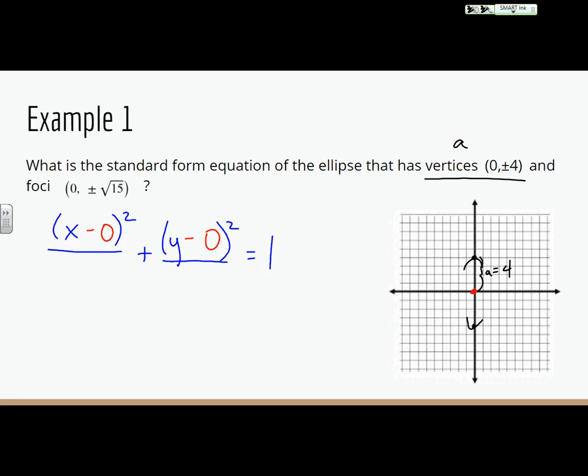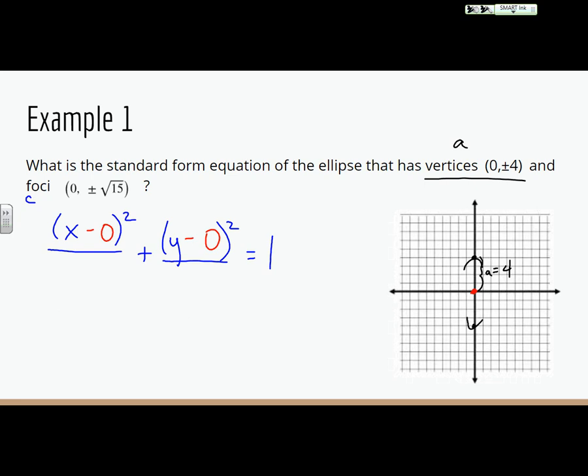Well, the question is, does it go on the left, where if I had a horizontal ellipse, or is my ellipse vertical and I put the A on the right? Remember, A always has to be bigger than B, but I don't even know what B is, because remember, foci, this square root of 15 right here is going to have to do with my C. So I don't even know what B is on this, so how do I figure this out?